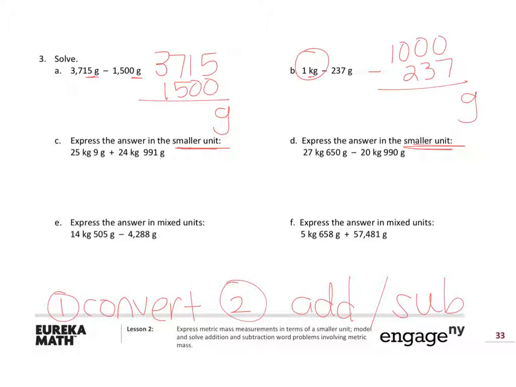So here I go. The first thing I'm going to do is convert this and convert this. So I know if I'm going from kilograms to grams, I'm just adding those 3 zeros. So this is 25,000, oopsies, plus 9. You're going to notice I don't do anything to the 9 because it's already in grams.